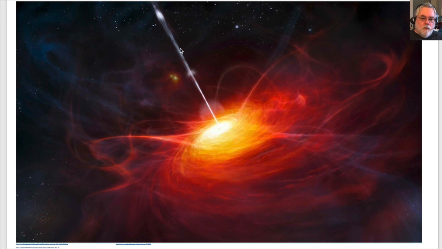So this is one jet. The other jet would be opposite it, but it's not being shown here as it's behind this accretion disk and they didn't want to complicate the image.